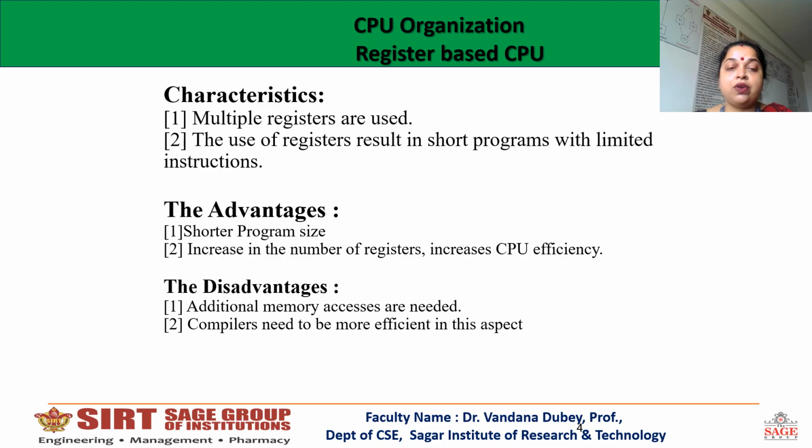Then, dependency on efficient compilers. Register-based architecture demands smart compiler design to optimize register allocation efficiently and effectively. Poor register allocation can lead to unnecessary memory operations, negating the benefits of having multiple registers.